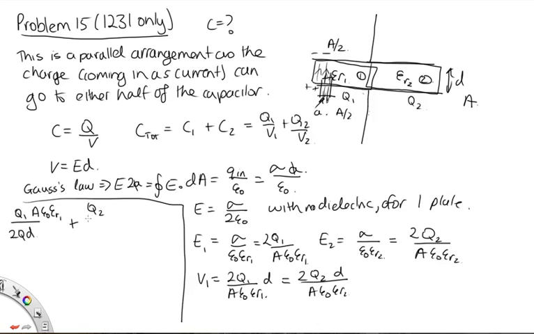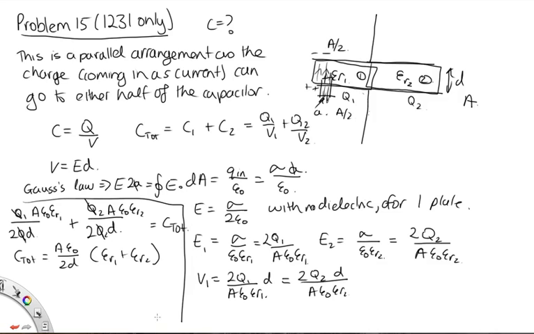So Q2, now V2, we've got 2Q2D over A epsilon naught epsilon R2, is equal to the total capacitance. Now the charges will cancel out, and so we end up with the total capacitance is equal to A epsilon naught over 2D outside of epsilon R1 plus epsilon R2, which is what we were asked to show.